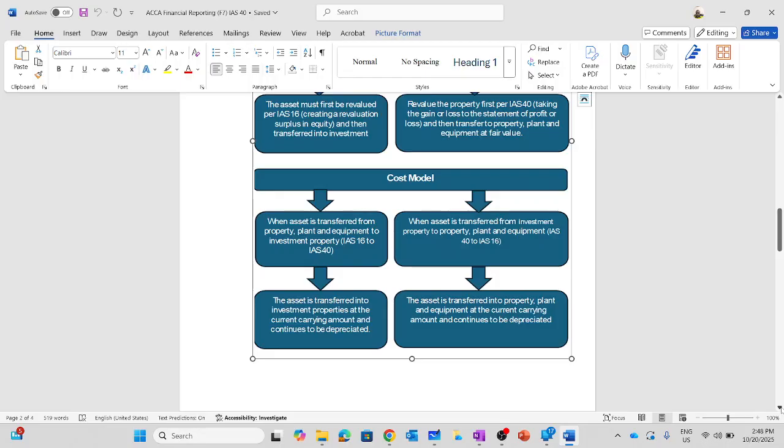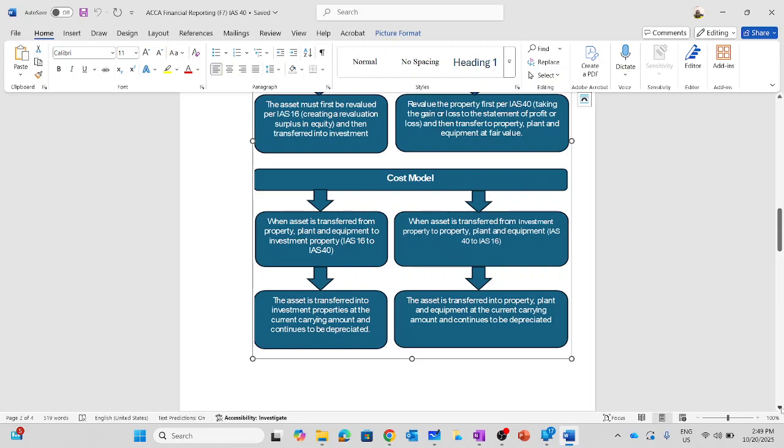Because we are moving from IAS 16 under the cost model to IAS 40, it's simple. We keep maintaining the cost model, and as per IAS 40, when you are using the cost model, we need to depreciate that particular asset.